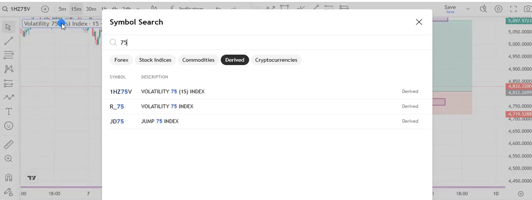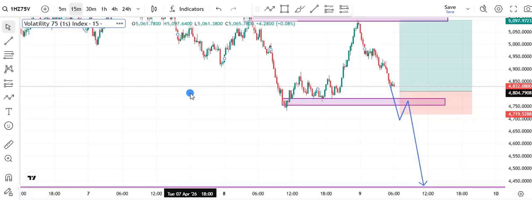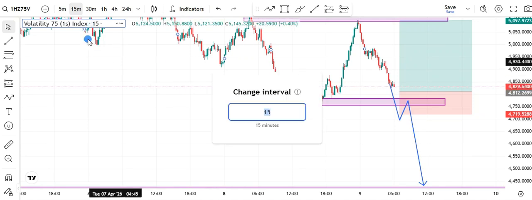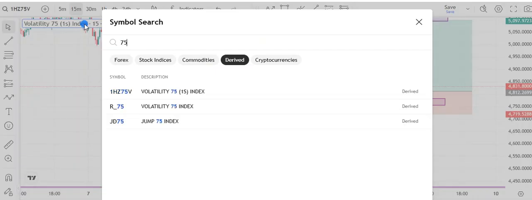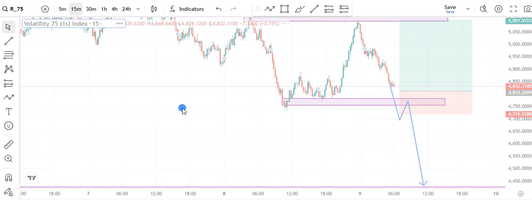So let's go to volatility 75, on which we are currently still short. Oh, I actually entered 75 1 second again. Alright, so let's go to 75.